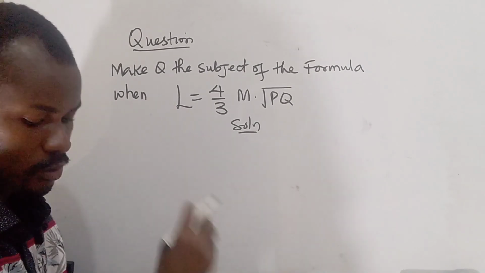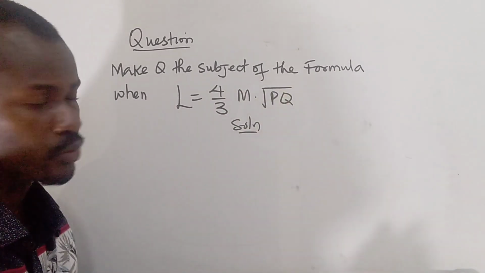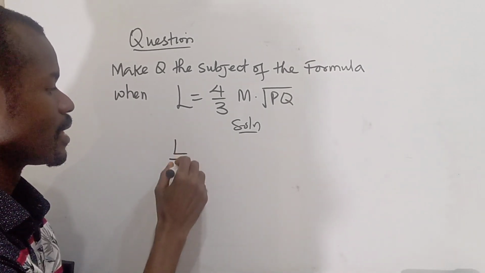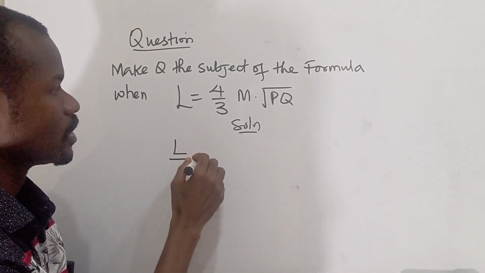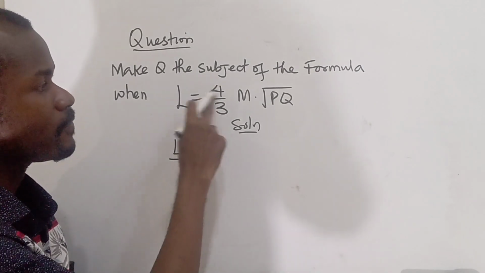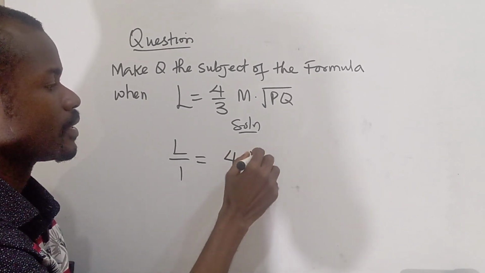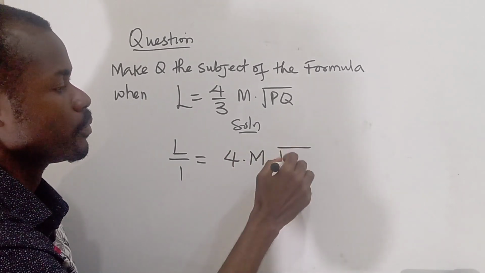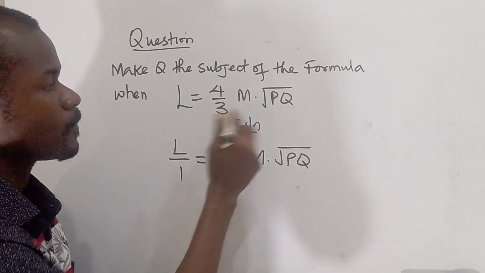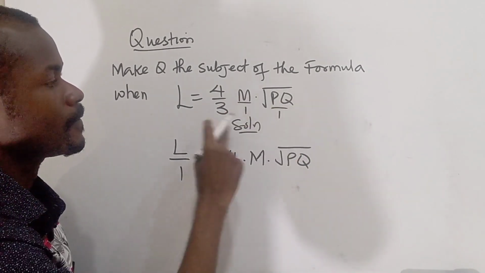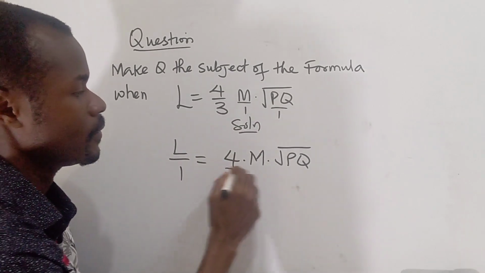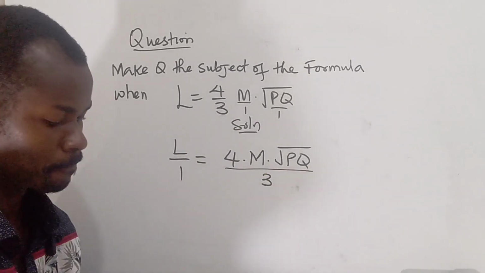Now for L, I want to write this expression so that it will be easier. So L, I can write as L over 1, which is equal to 4 times M times PQ, which is over 3, because 3 times 1 times 3 will give us 3.